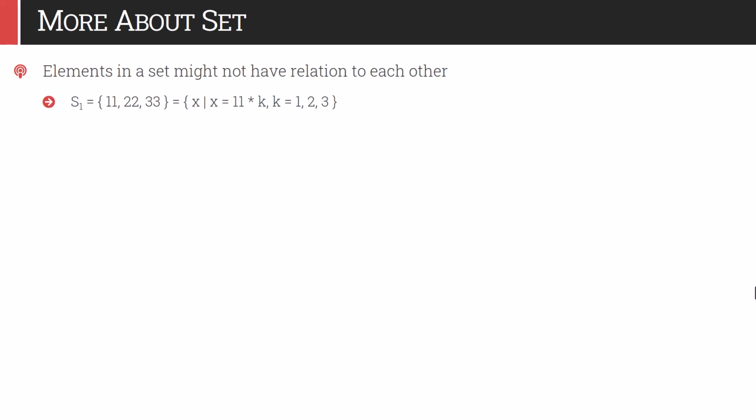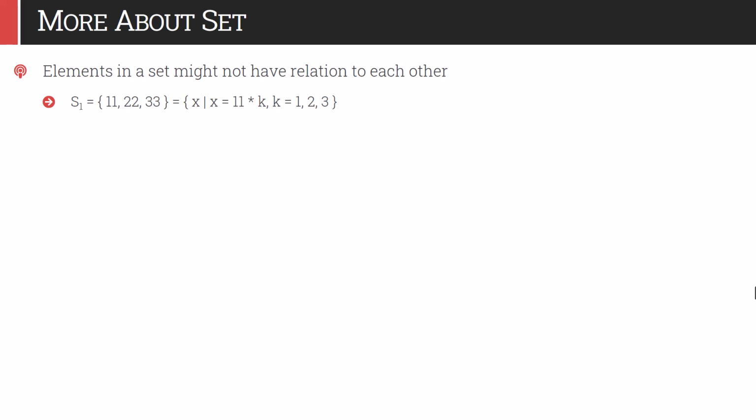Elements in a set might or might not have a relation between them. If we consider S1 is equal to 11, 22, 33 as a set, we can see that there is a clear relationship between the elements. All elements are multiples of 11.